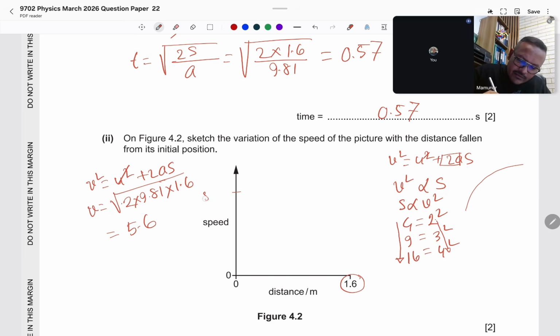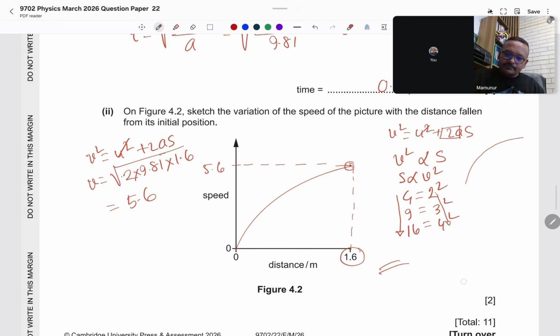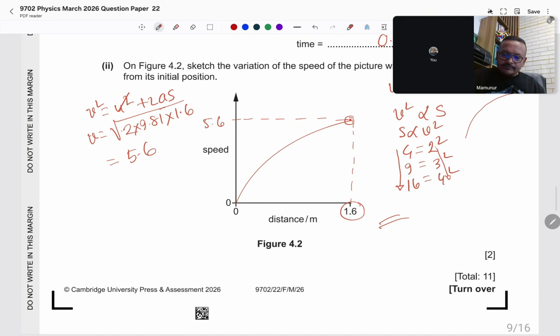So I'm getting a point here, and the line will pass through that point like that. This is the answer for this question.